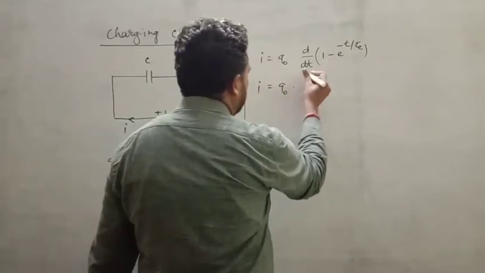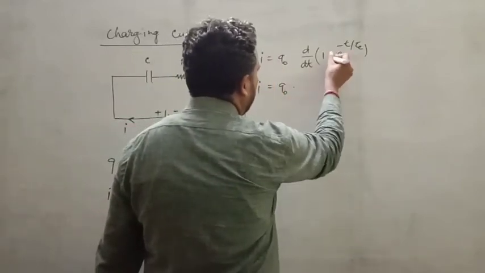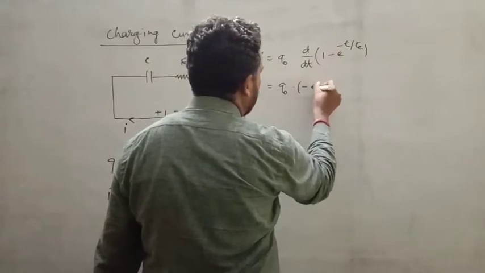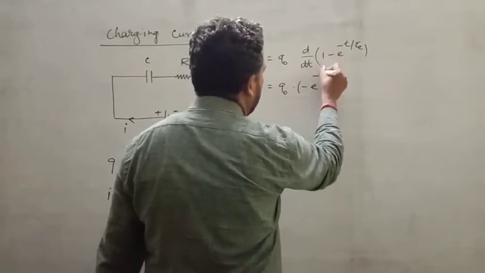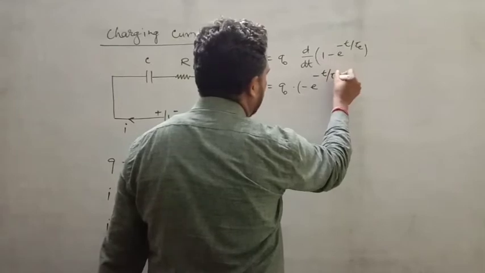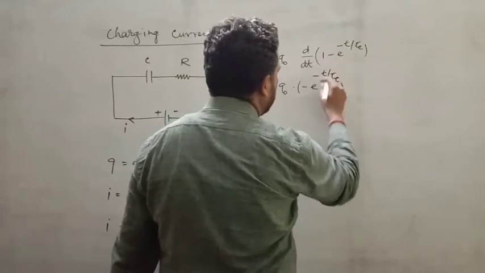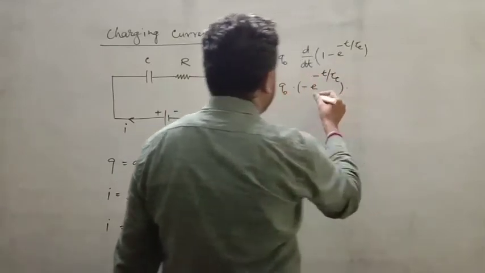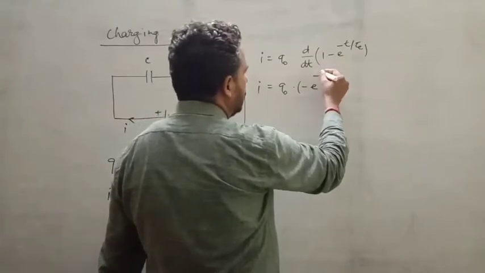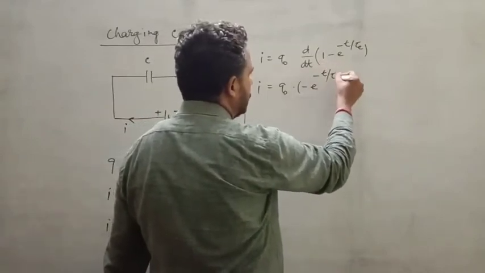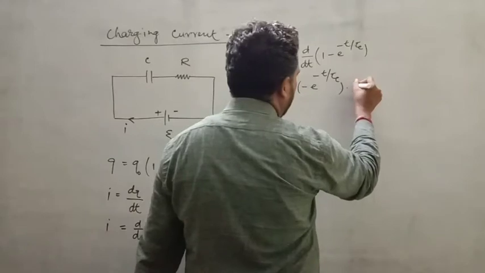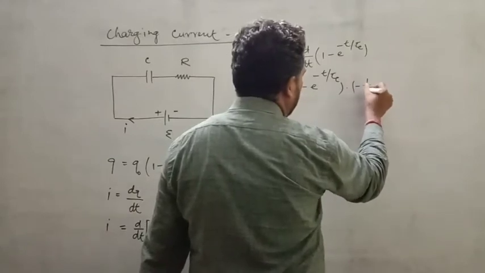A negative sign is there, so minus e to the power minus t by tau c. Then the differentiation of the power: the differentiation of t by tau c with respect to t gives only minus 1 upon tau c.